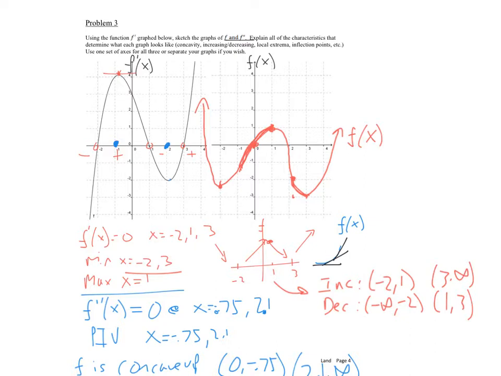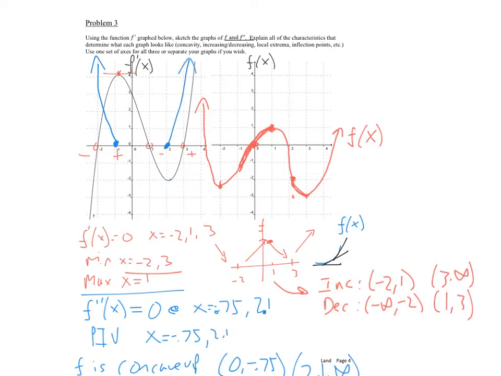All the tangent lines on this part are positive because that's increasing. So the tangent lines of this curve are positive there. From 2 to infinity, these all have positive tangent lines, positive slope, that is. So it's going up.